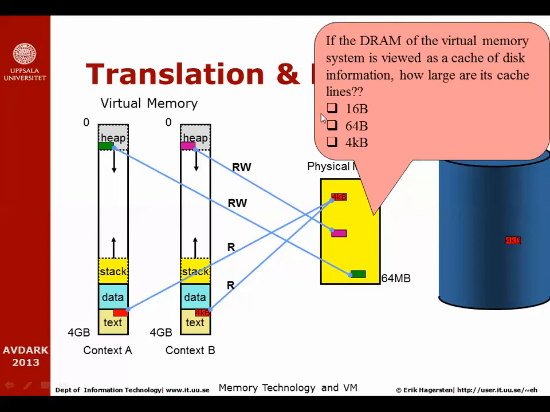So here's the question. One way to view the virtual memory system is to say that what we've implemented here is simply that we turned the DRAM into a cache. The DRAM caches data from the disk. Okay, so if you look at this virtual memory system as just a way to implement a disk cache, then how large would you say that its cache lines are?